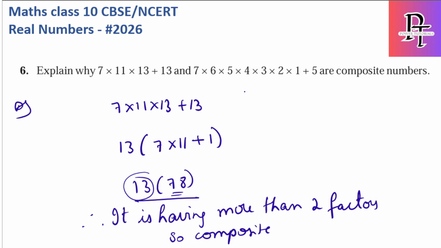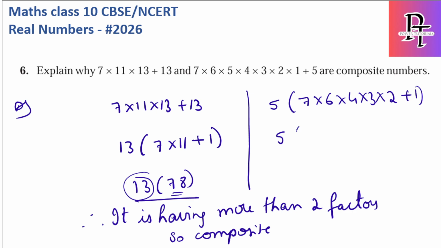The same statement applies to the second number as well, so I'll do it here itself. Here 5 is common, so I take 5 as common: 5 into (7 into 6 into 4 into 3 into 2 plus 1), which is 5 into (42 into 24 plus 1).